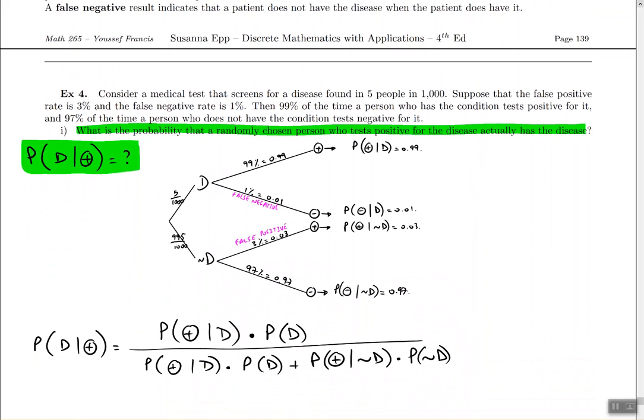That is the plus sign that I chose, testing positive on the test when we're checking for the disease. That should stay the same, but the second letter should change from D1 to D2 to D3 or whatever. In my case, I called it D and not D, so having the disease and not having the disease.